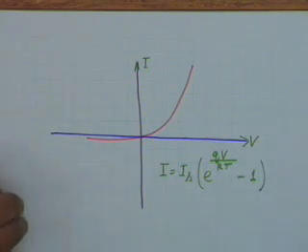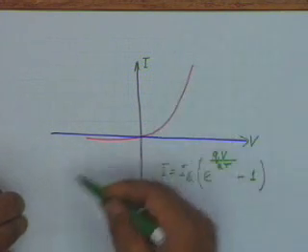This is the equation that describes a characteristic like this.